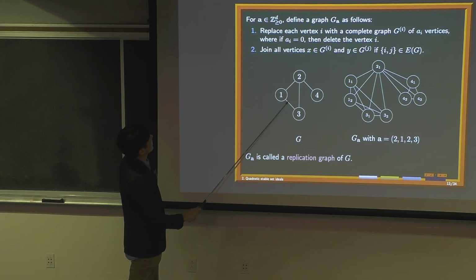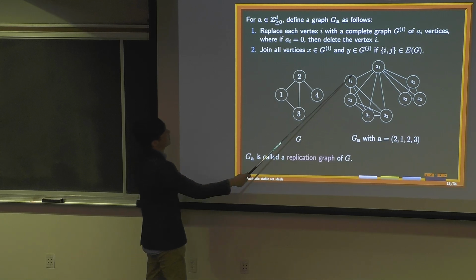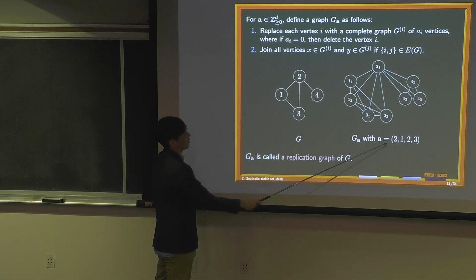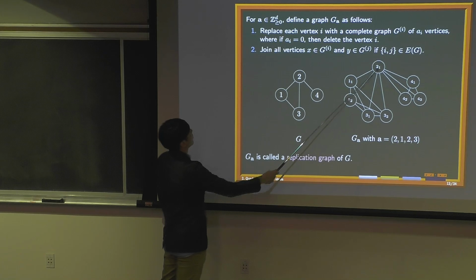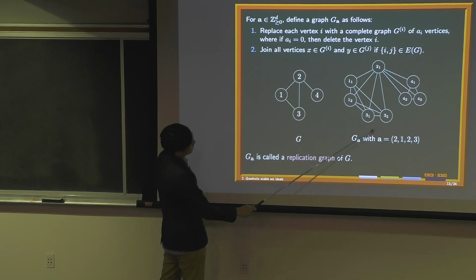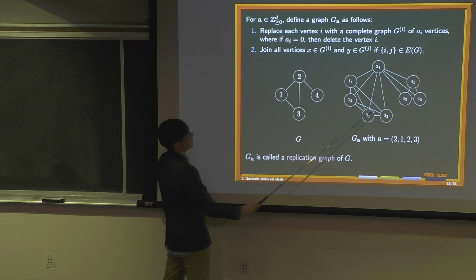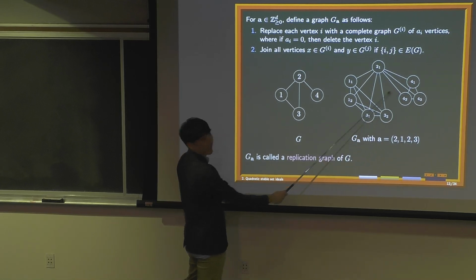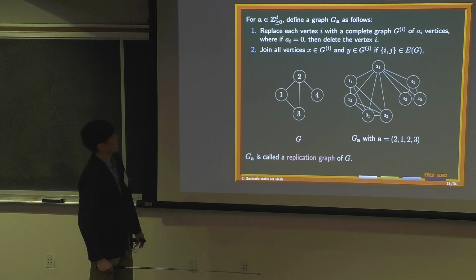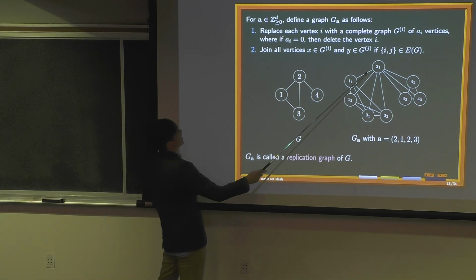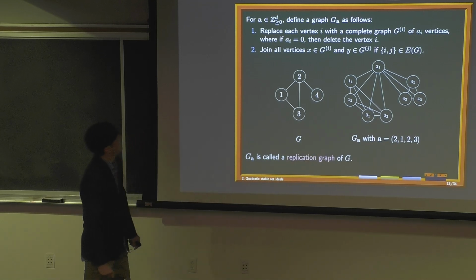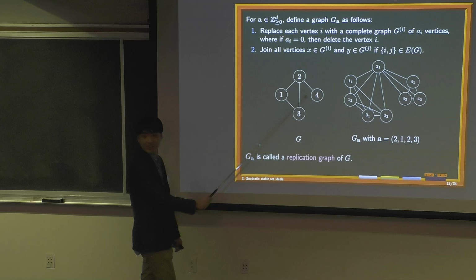Namely, we replace vertex 1 with a complete graph of 2 vertices. Similarly, 2 is replaced with a complete graph of one vertex, 3 is replaced with a complete graph of 2 vertices, and 4 is replaced with a complete graph of 3 vertices. So (2, 1, 2, 3). And we join each complete graph according to the original graph. Okay.